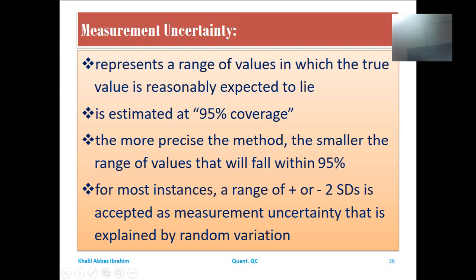For most instances, a range of plus or minus 2 standard deviations is accepted as measurement of uncertainty. Although uncertain, this phenomenon is highly accepted in the laboratories, and there is no need to look for one specific unit value, which is the true value. Uncertainty is explained by random variation.